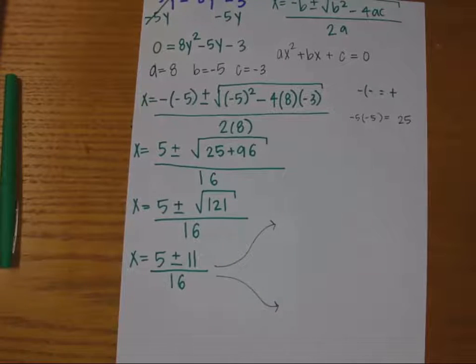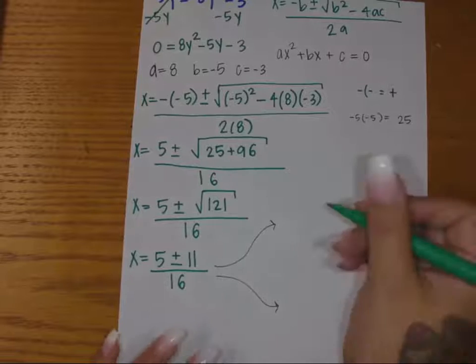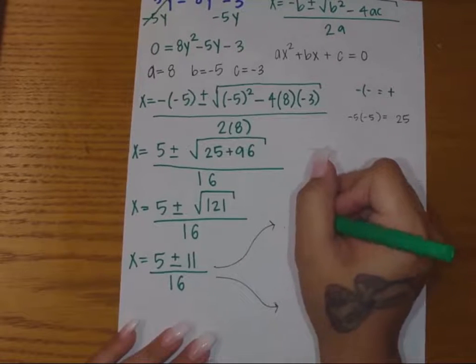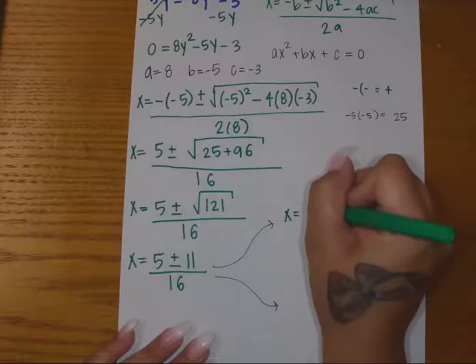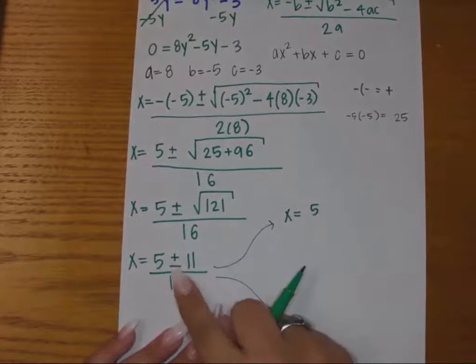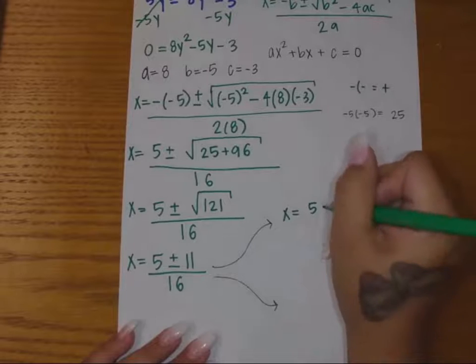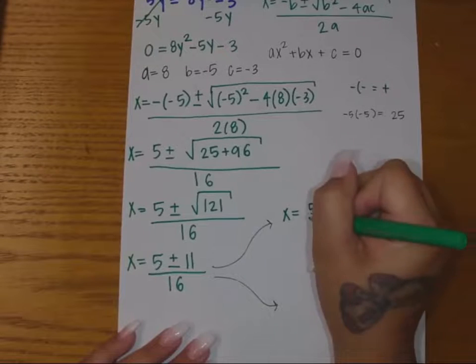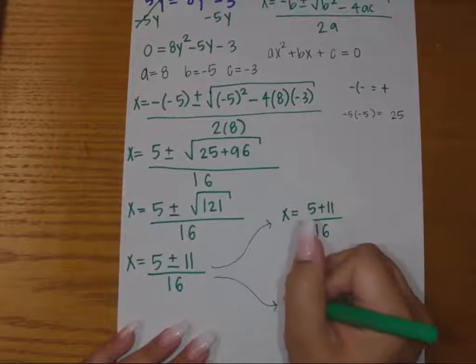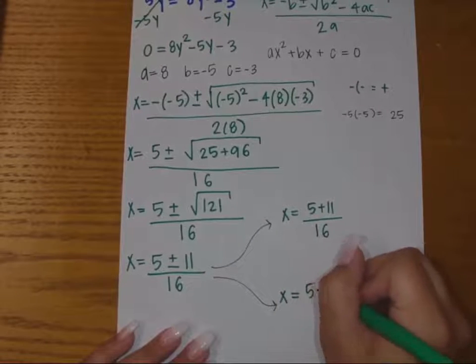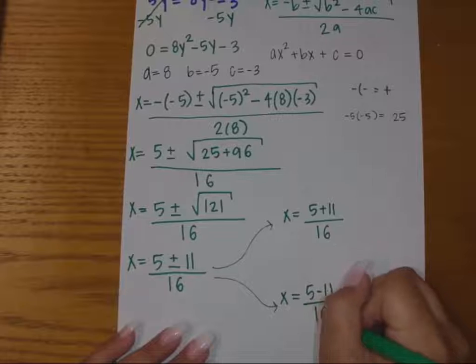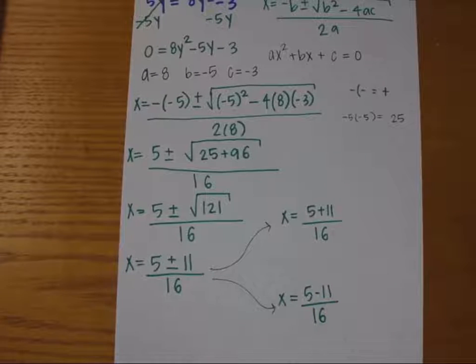So we're going to write both of them and then solve it. So we have an x equals 5, and then just pick one. I'm going to pick the top one, which is a positive, 11 over 16. And I have an x equals 5 minus 11 over 16.